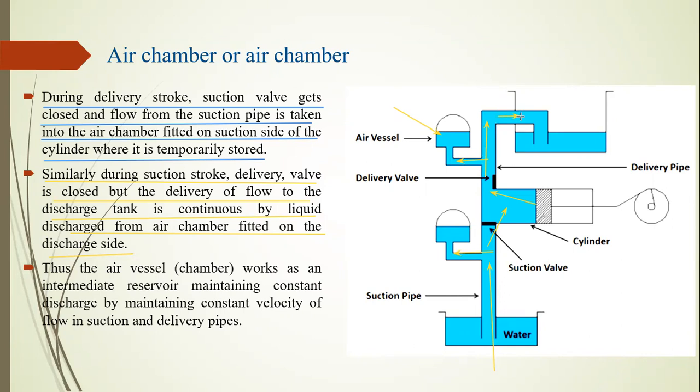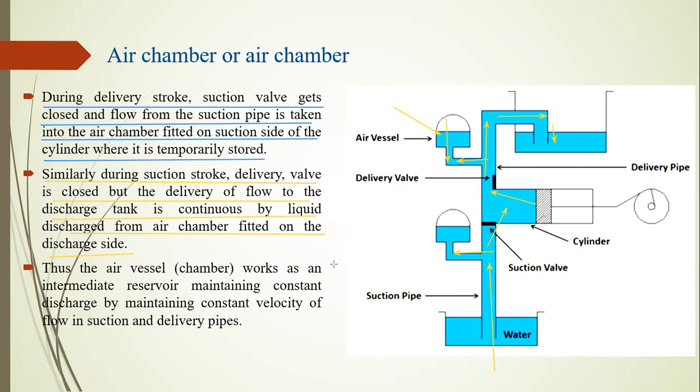Then most of the water exits the delivery line and enters the overhead tank, and the pressurized water is returned from this air chamber whenever the stroke changes to the intake stroke. That gives a continuous output from the pump.